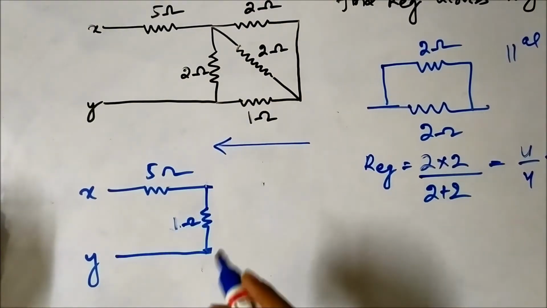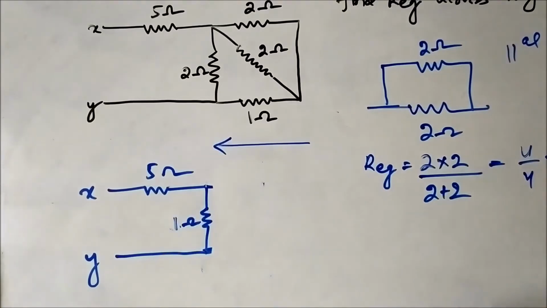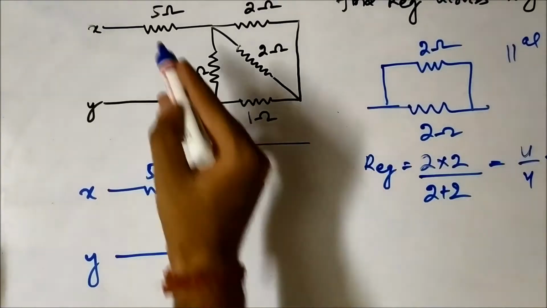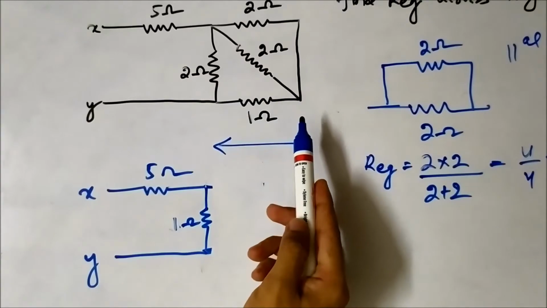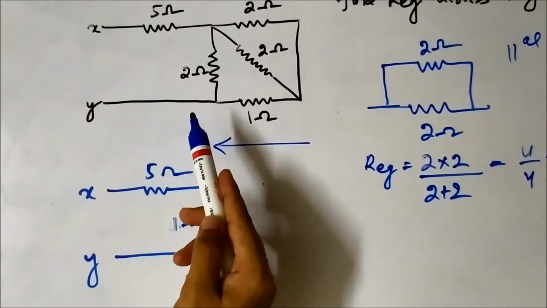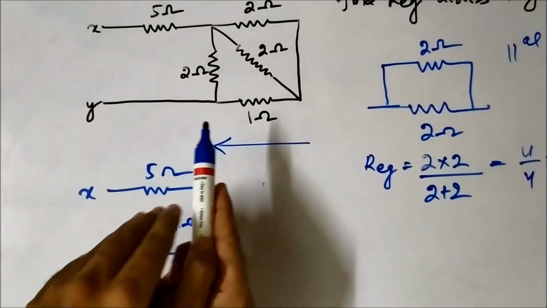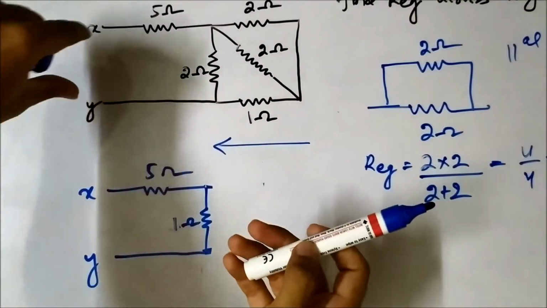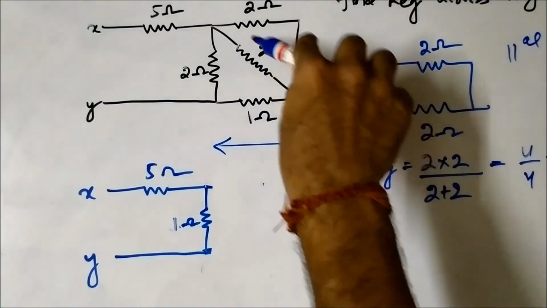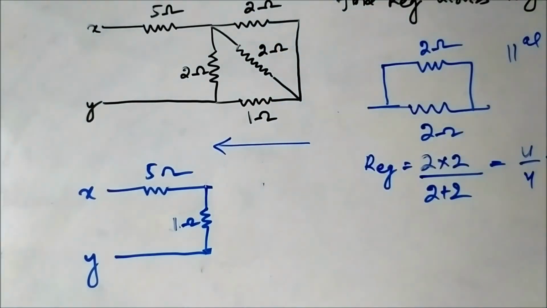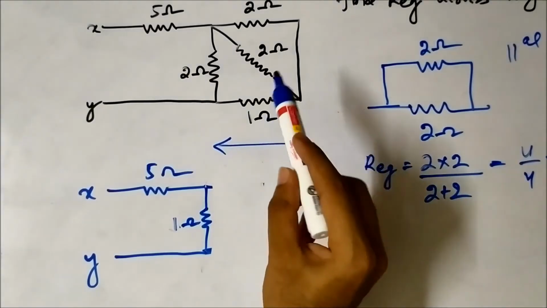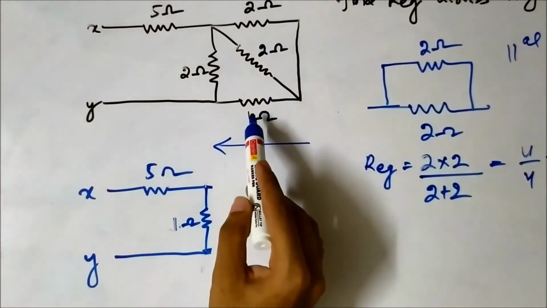Now this 1 ohm resistor is in series with the 5 ohm resistor. Just look how we have reduced the circuit by moving from left to right, gradually towards these 2 points. We went on reducing the circuit, calculating the equivalent resistance of a pair of resistors. First we took 2 ohm and 2 ohm, then we added the equivalent resistance of these two resistors with 1 ohm.